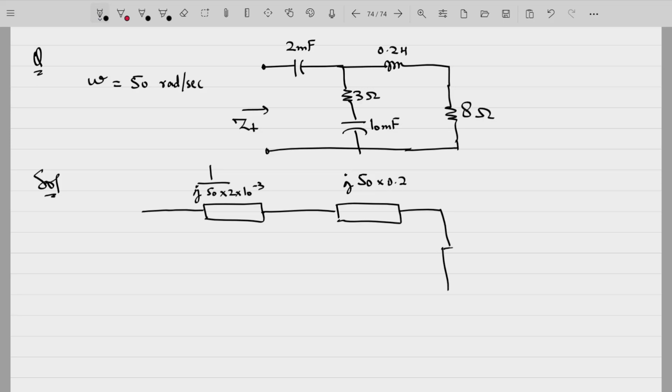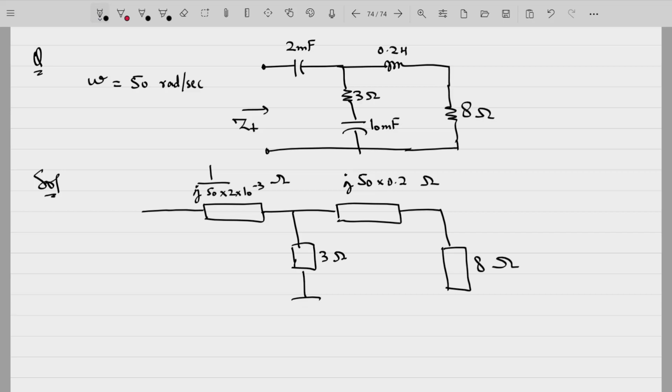This 8 ohm resistor will have an impedance of 8 ohms. These are all in ohms now, all the units are ohms. This 3 ohm resistance will have an impedance of 3 ohms.